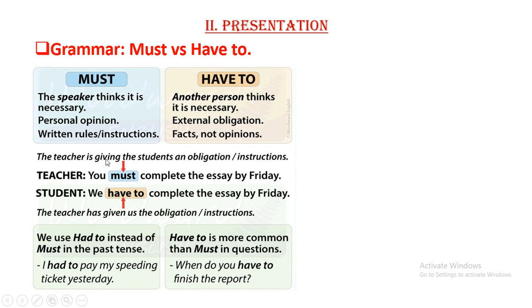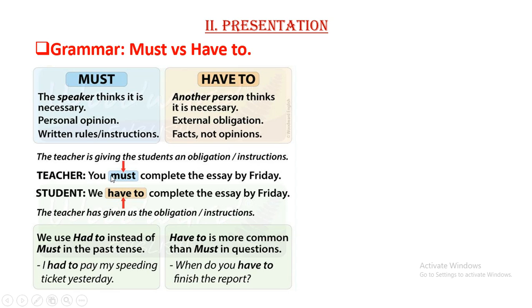Example, say the teacher is giving the students an obligation or instruction. The teacher is giving you the instruction or the obligation to do. So the teacher is going to say, you must complete this essay by Friday. You see, the teacher here is the speaker who thinks it is necessary.